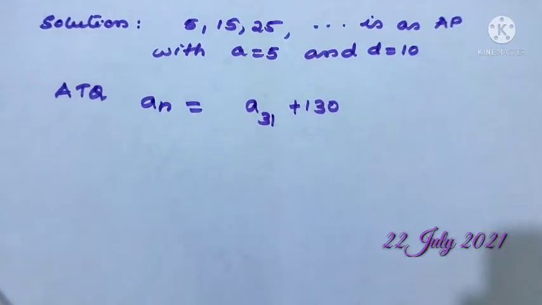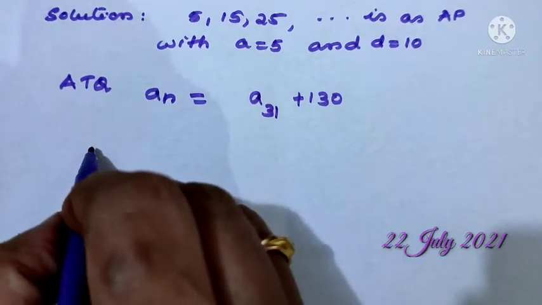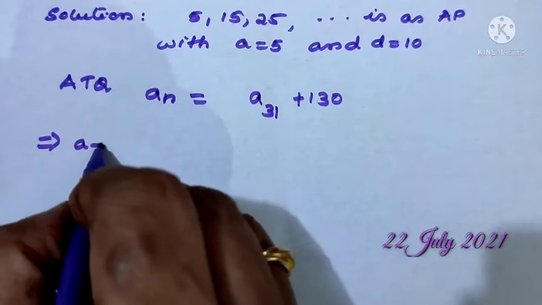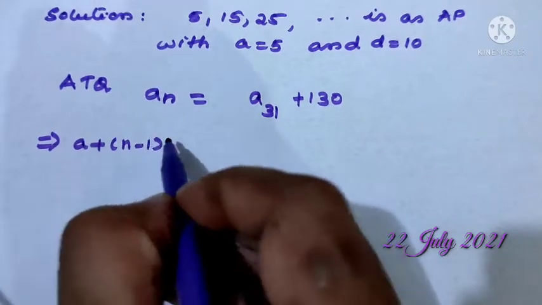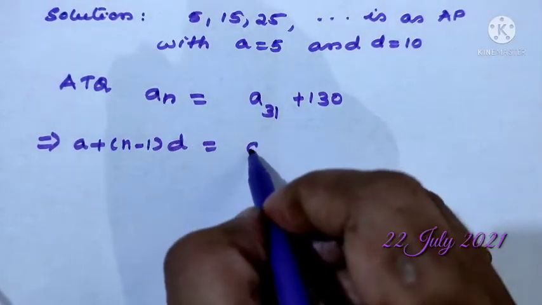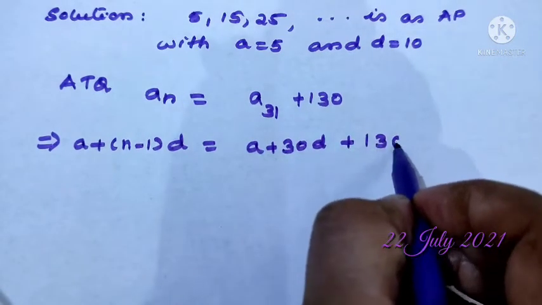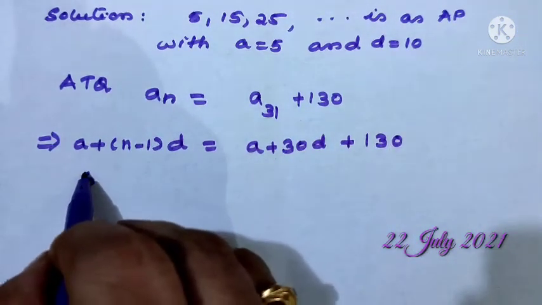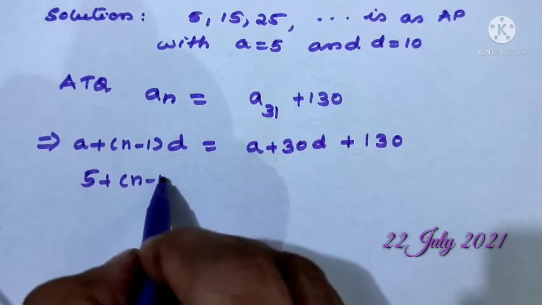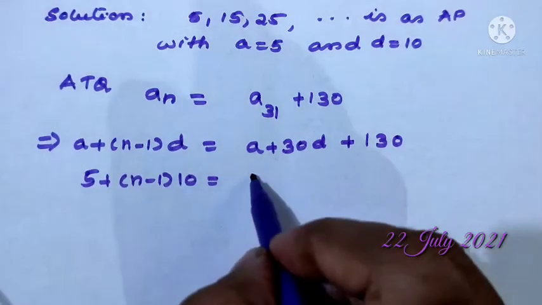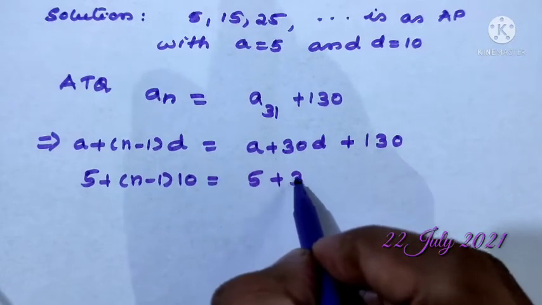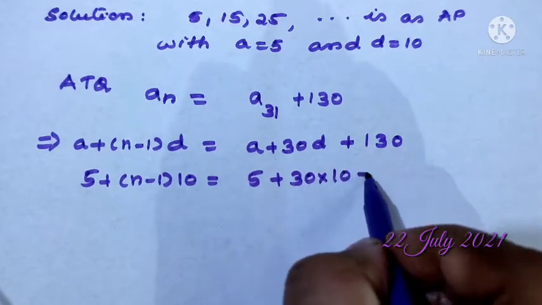Now we have to apply the values only. So first I will apply the formula only. A plus n minus 1 into D equal to A plus 30D plus 130. A value is 5. N minus 1 into 10. A value 5 again. 30 into 10 plus 130.